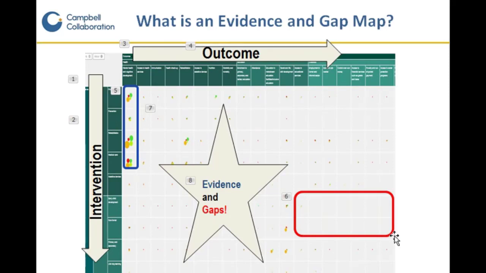Also, a key thing is that it helps us identify areas which do not have impact evaluations or systematic reviews. If you do not have impact evaluations as well and you see an area like the one I have highlighted here, these are called absolute gaps. This is where we need to do more implementation research.